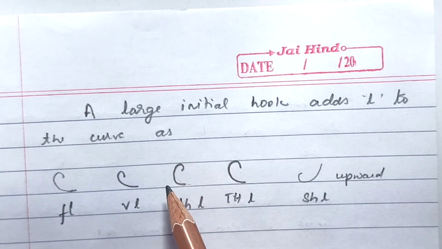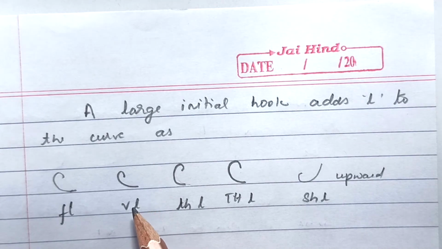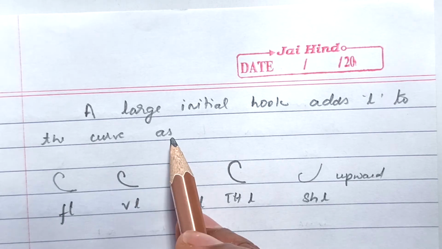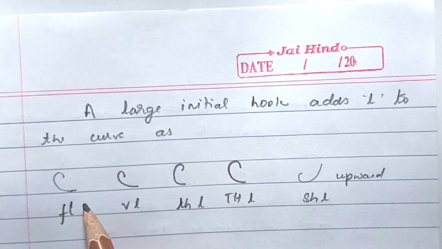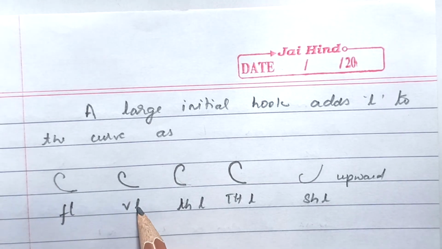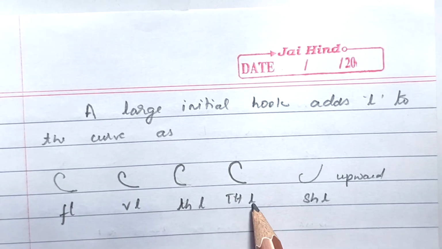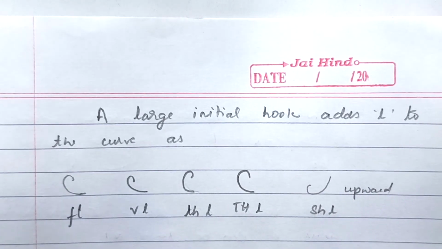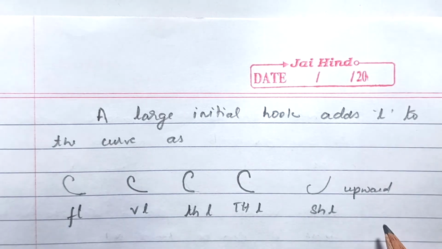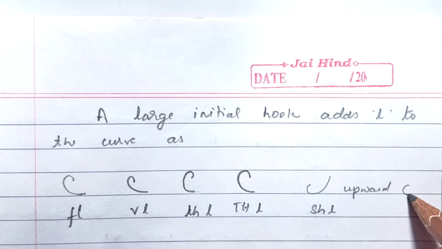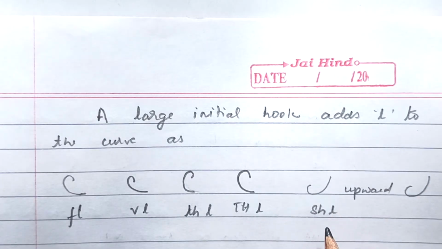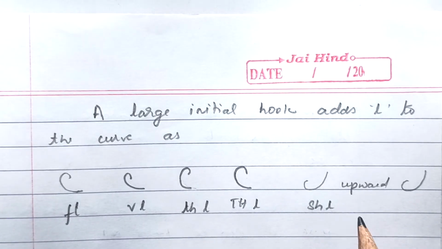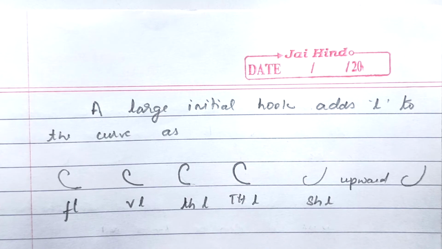So if we write a small hook, then it is R, whereas if we write a large hook, then it is L. So F L, V L, it L, D L, and ish L. Here you can see ish R we have written downward, whereas ish L we write upward. So in this way we can use ish both upward as well as downward.